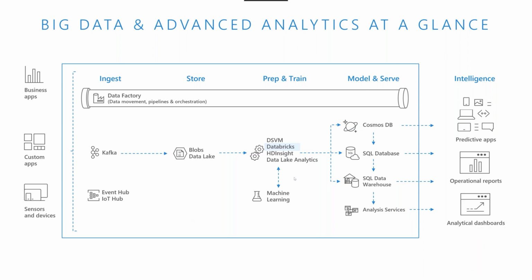But then also going to other tools like Cosmos DB, SQL database, and finally exiting to the tools that they actually want to use, from BI tools to analytical tools, etc. So this is an overview of how, from a big data and analytics space, the overall architecture and the workflow looks in the Azure cloud.